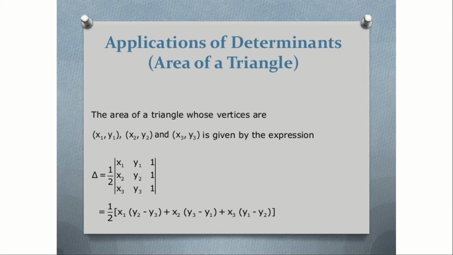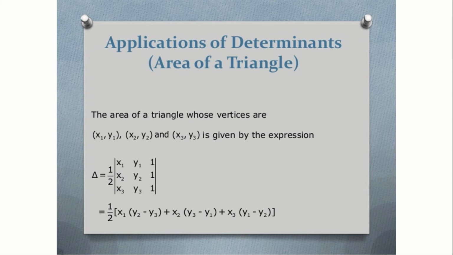In the same way, we have half into x1 times (y2 minus y3), plus x2 times (y3 minus y1), plus x3 times (y1 minus y2). So this is the formula derivation for the area of a triangle.